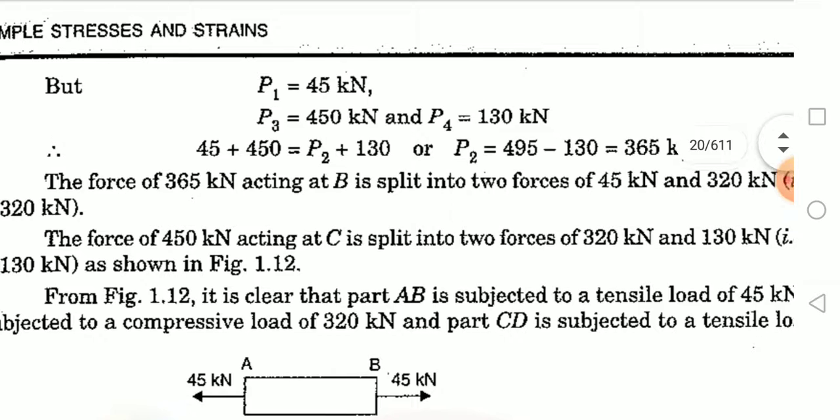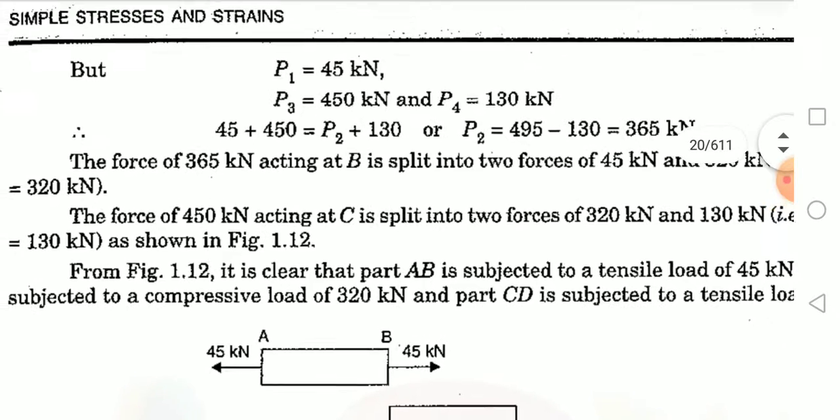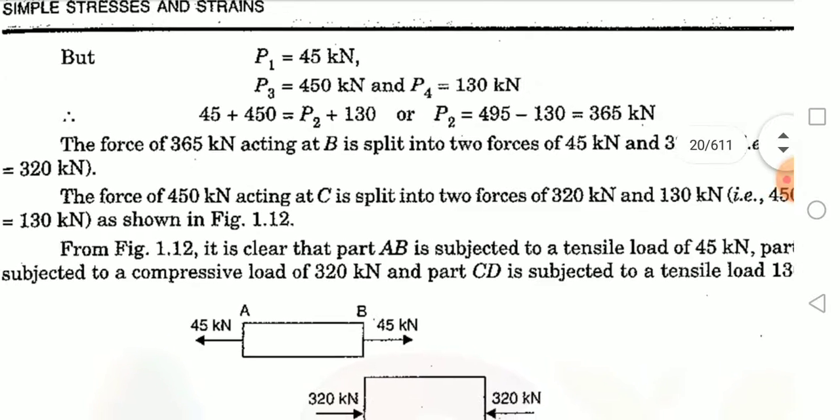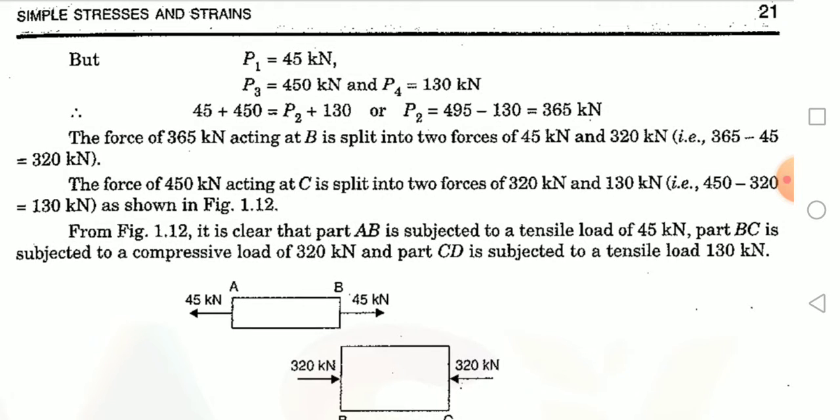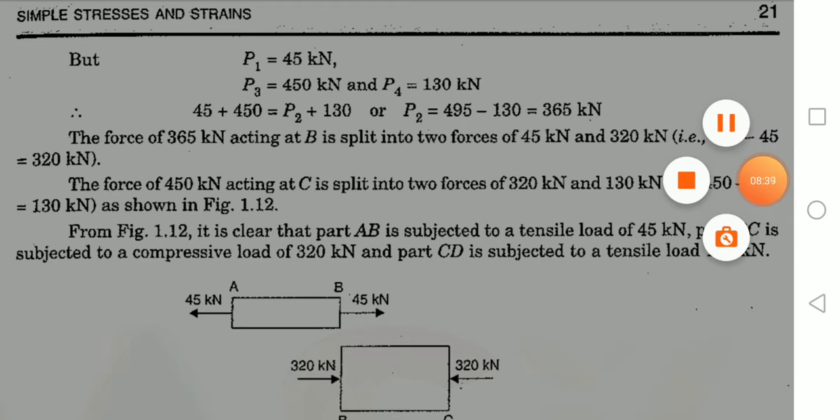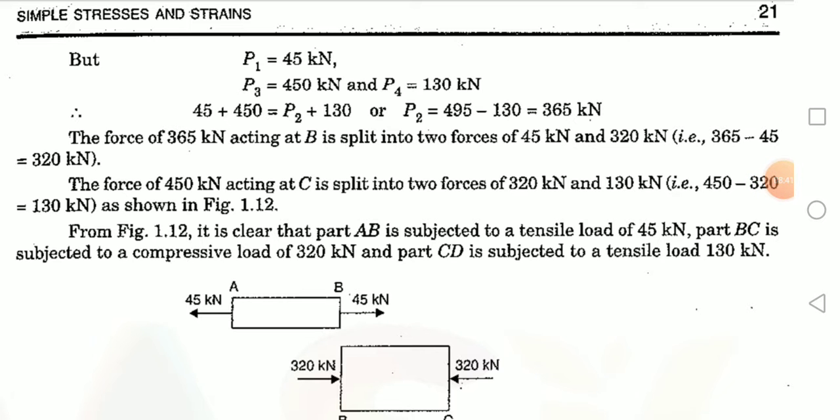We know that P1 equal to 45 kilonewton and P3 equal to 450 kilonewton and P4 equal to 130 kilonewton. So the force of 365 kilonewton, how can we get this 365 kilonewton? From P1 plus P3 minus P4 we can get 365 kilonewton. So the force of 365 kilonewton is acting at B.